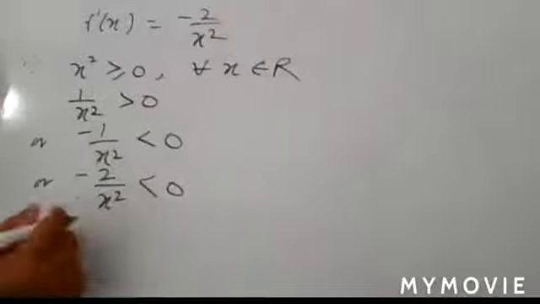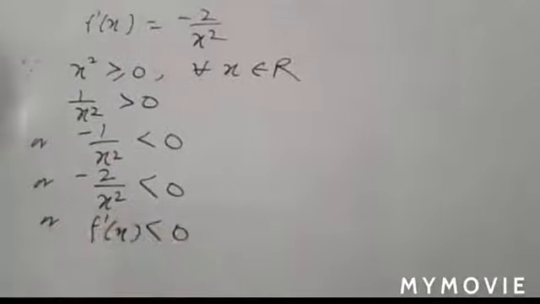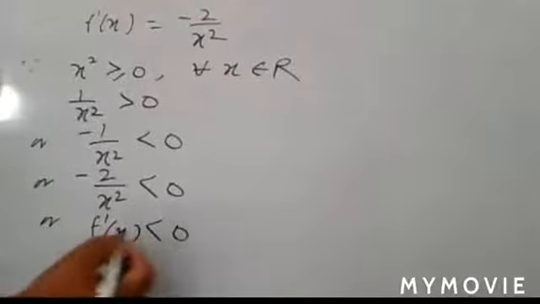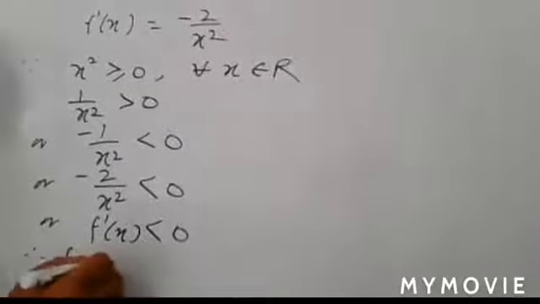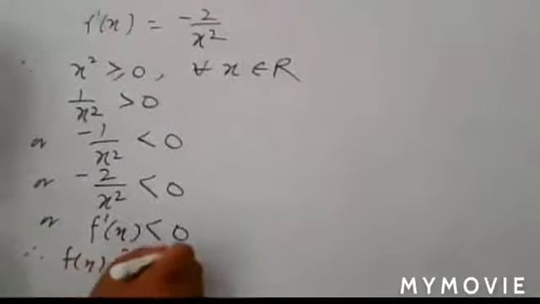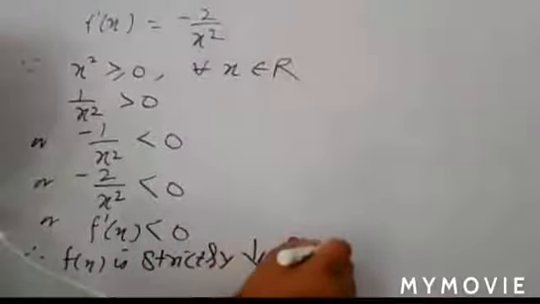And that gives the value of f'(x). So the value of f'(x) is less than 0. Understand? So this follows your condition. Your derivative is less than 0. So you can write f(x) is a strictly decreasing function.